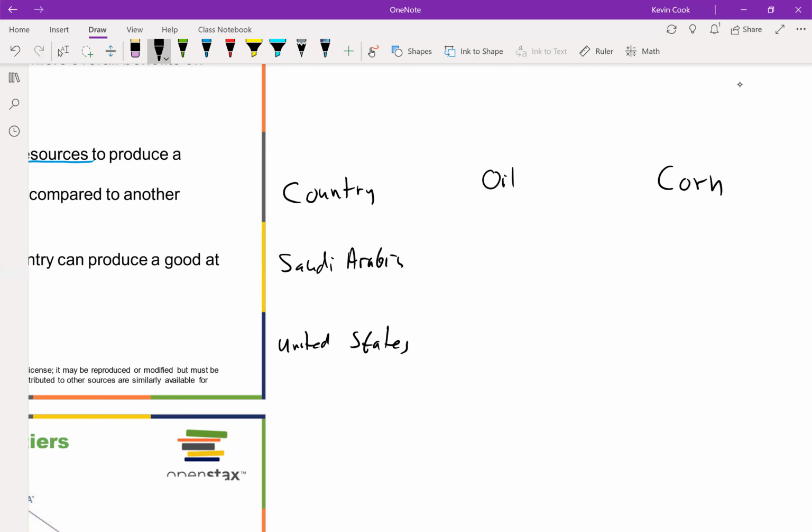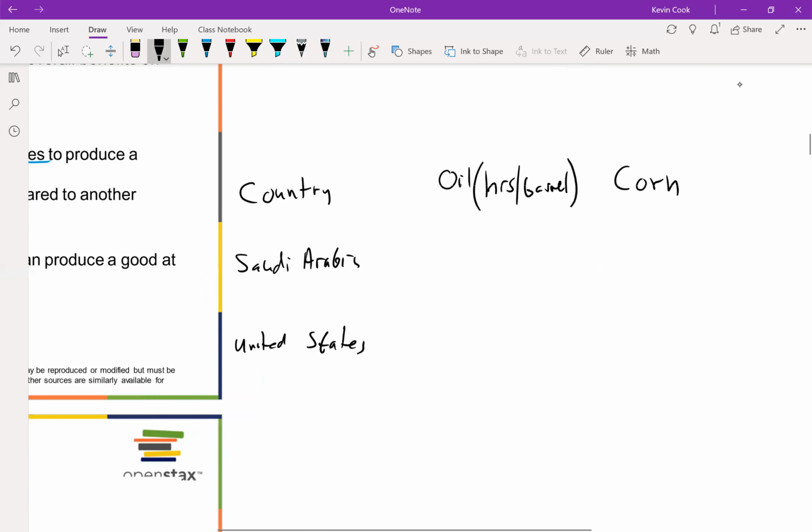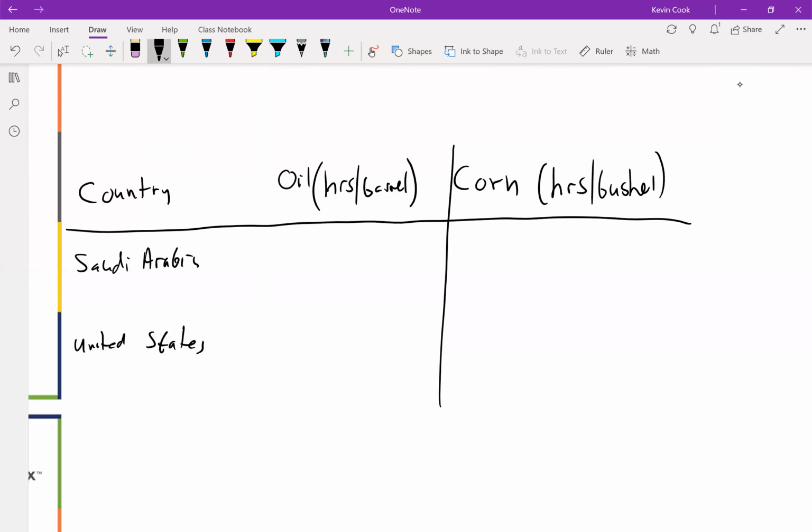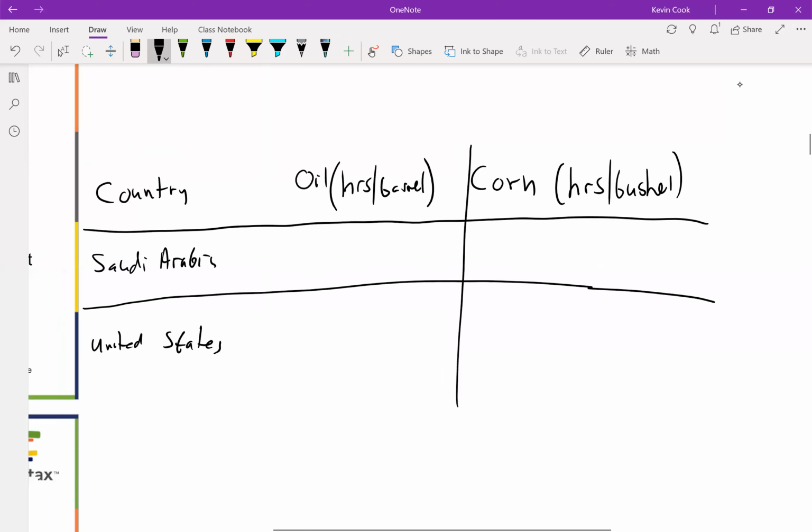First, in this first chart, we're going to look at how many hours it takes to produce 1 unit of each. So for oil, hours per barrel. For corn, we'll look at hours per bushel. So how many labor hours does it take for each country to produce these goods?